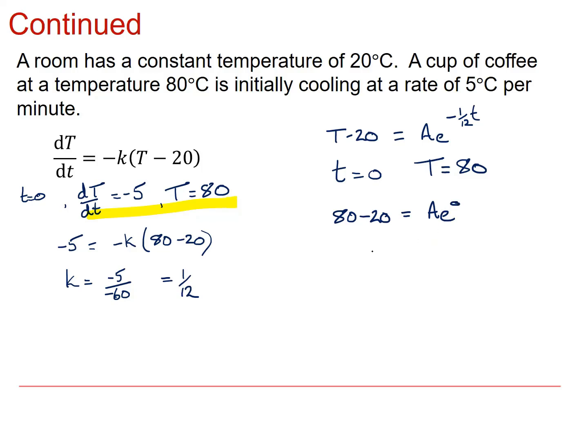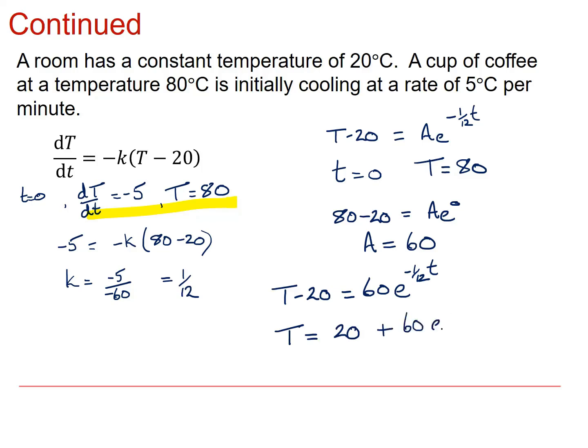Well, e to the 0 is just 1, so that's going to give me that A is equal to 60. And so my solution now becomes that T minus 20 is equal to 60 e to the minus 1/12 t. And finally, therefore, T is equal to 20 plus 60 e to the minus 1/12 t. And this is my particular solution.